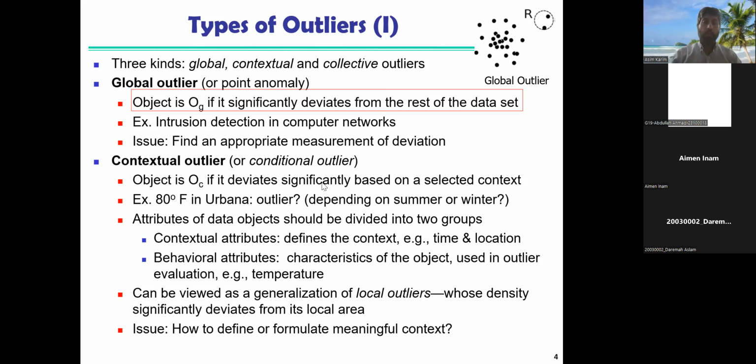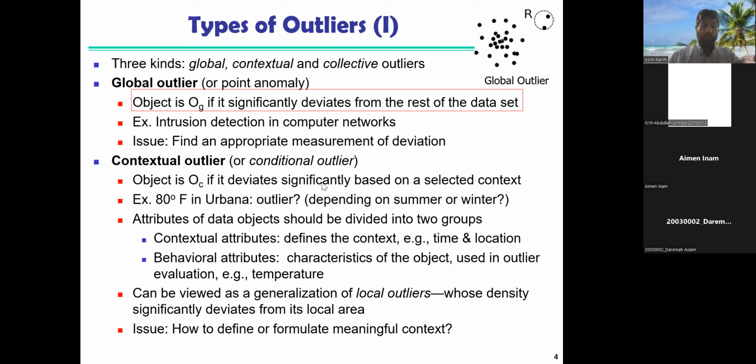Global outliers, as the name suggests, are defined by some global criterion, while contextual outliers are defined by criteria that are context dependent. That context could be a local context. If you're talking about GIS information, the local context would be some region defined by some latitude and longitude, some space on Earth.